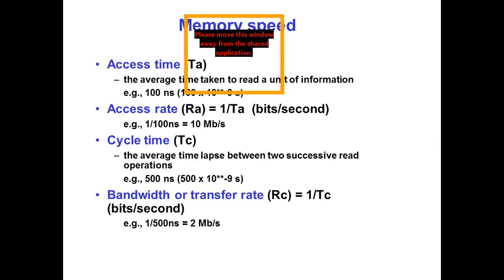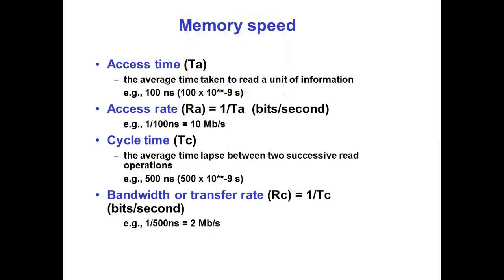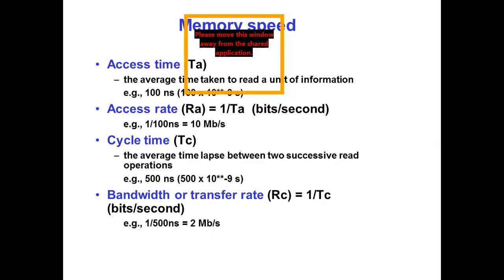For example, if the cycle time TC is 500 nanoseconds, then we can calculate the bandwidth, or the data transfer rate, which shows how the data is transferring. So 1 over 500 nanoseconds gives 2 MB per second. This is the bandwidth.